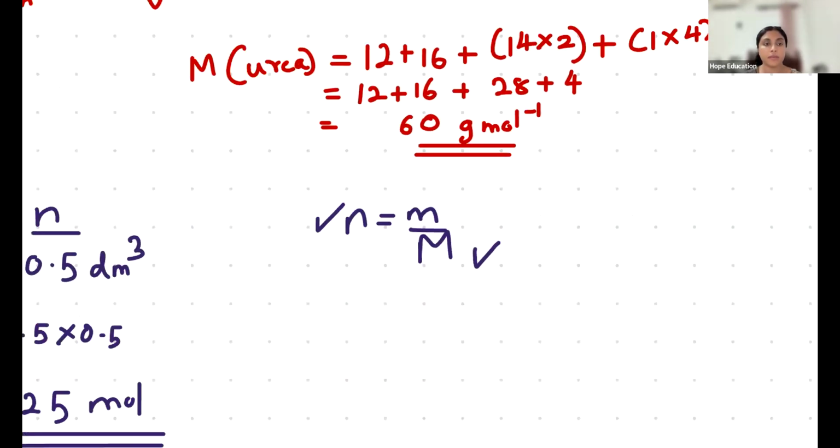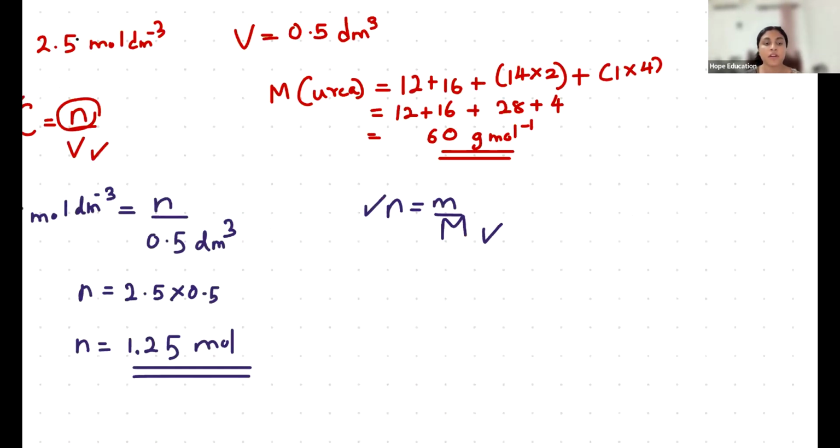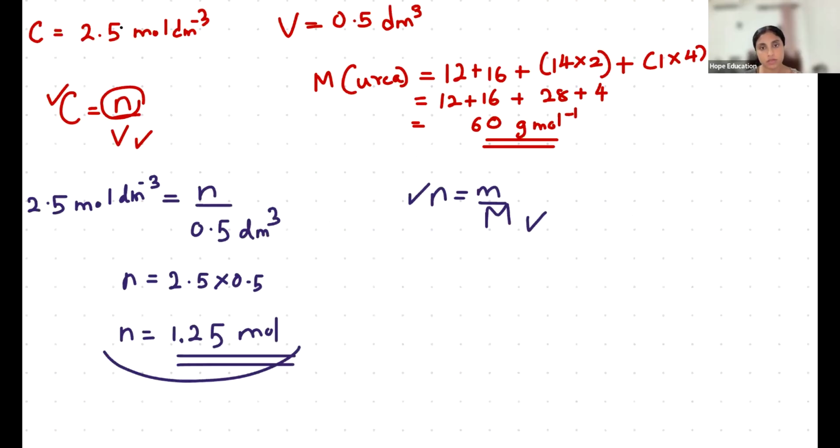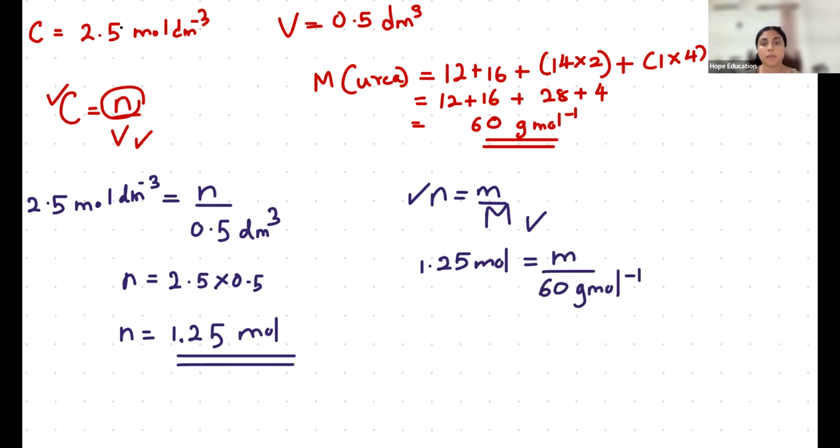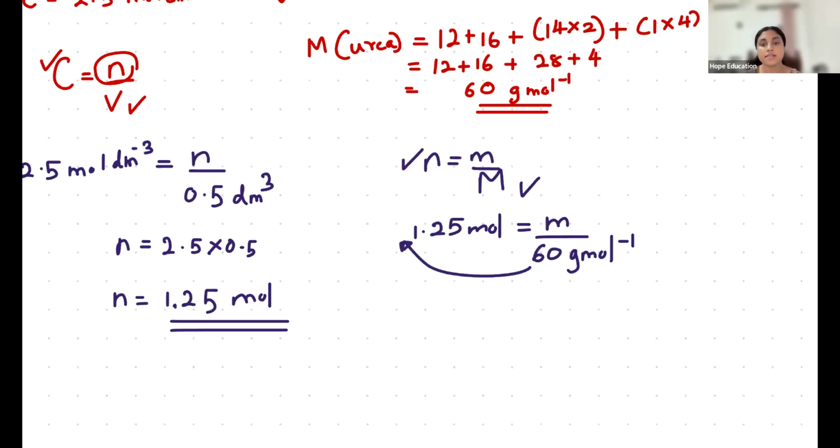Now I will calculate the mass. Number of moles is 1.25 moles. Mass, I don't know. Molar mass is 60 grams per mole. Make a multiplication. Mass is equal to 60 times 1.25.